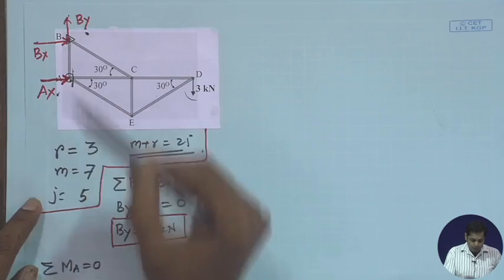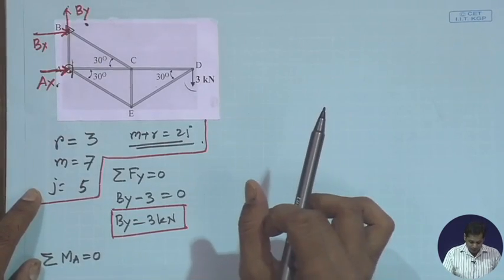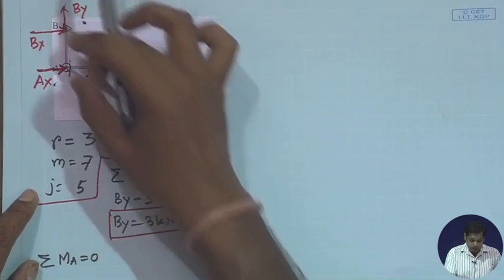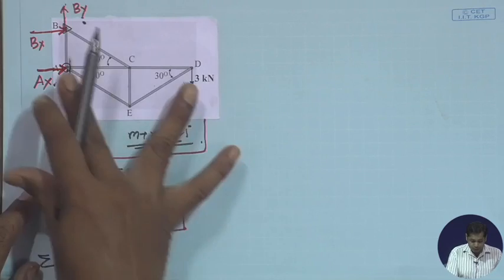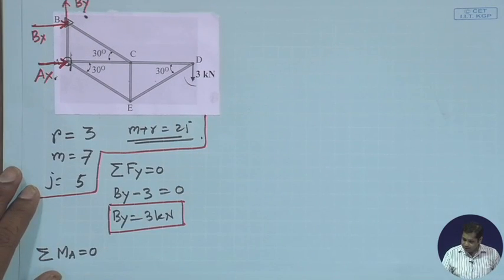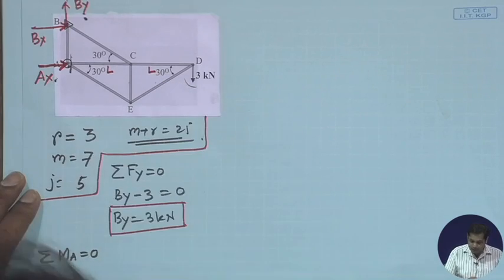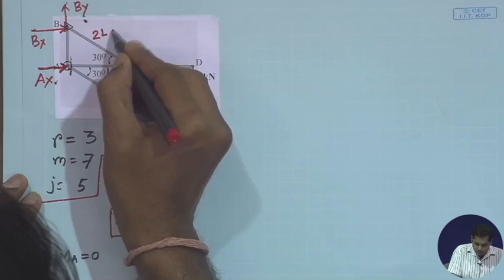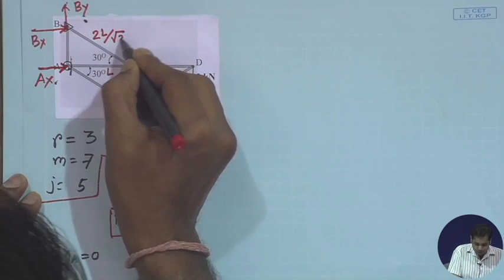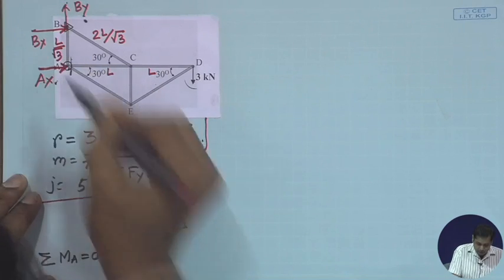The moment by Bx will be this distance into Bx, a clockwise couple, and then the clockwise couple by this force is 3 into this distance. Okay, let us first write the distances. These distances are all L, these angles are 30 degree. So this is 2L by root 3, and this is L by root 3.